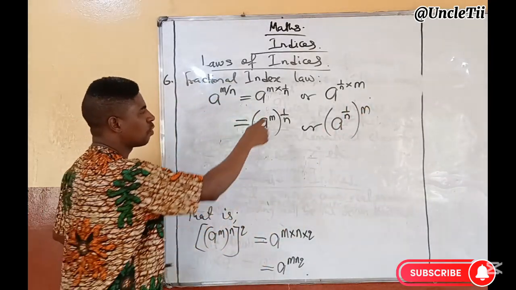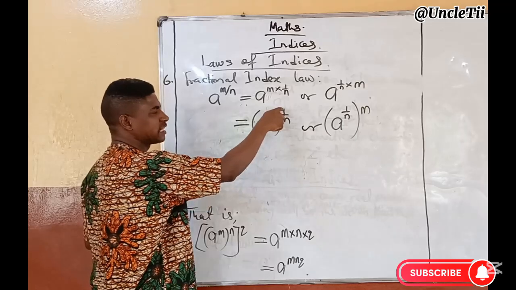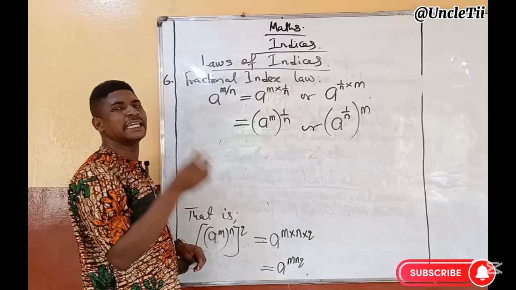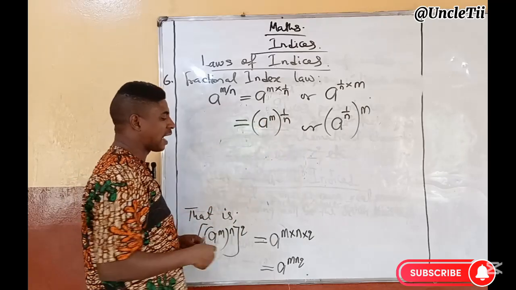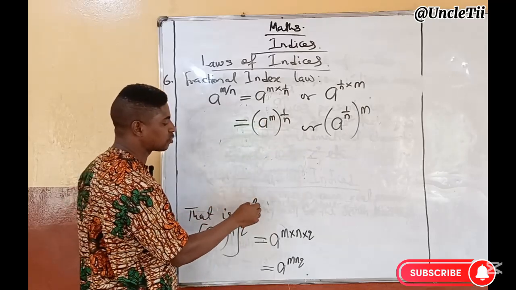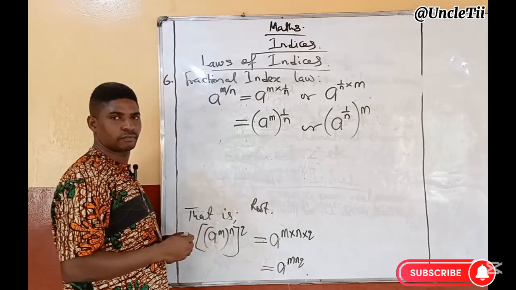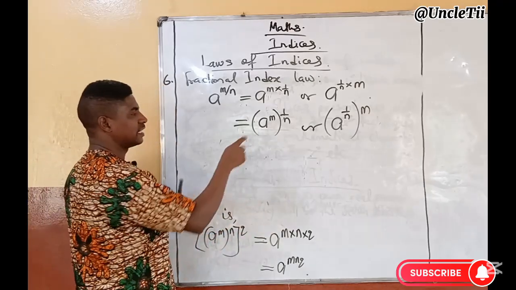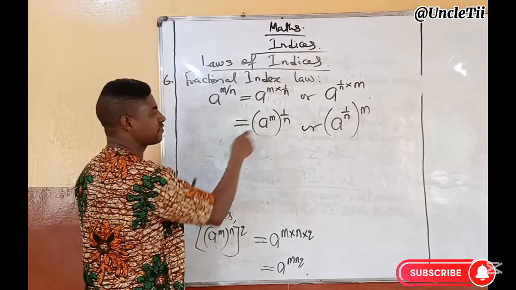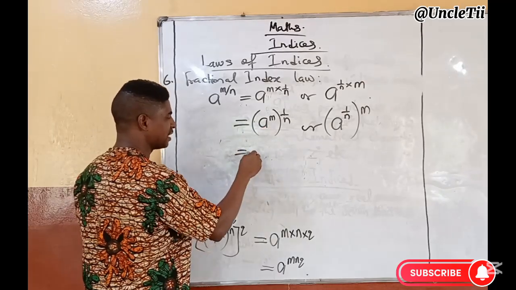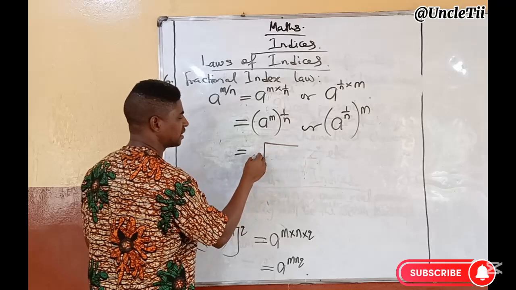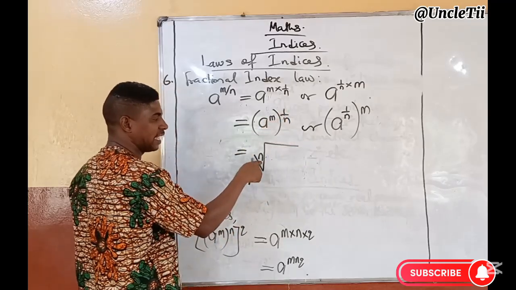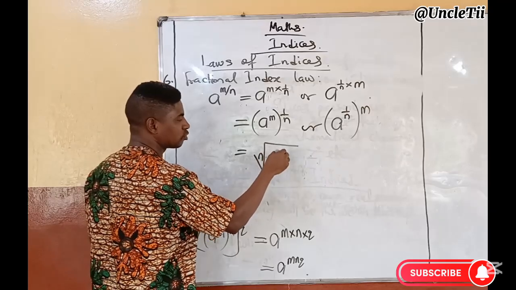Please take note, 1 over n, or reciprocal of n, or multiplicative inverse of n, when you have it as a power, is simply interpreted as root. Therefore, it means that we could further simplify this to be the nth root. The index 1 over n becomes nth root of a raised to power m.